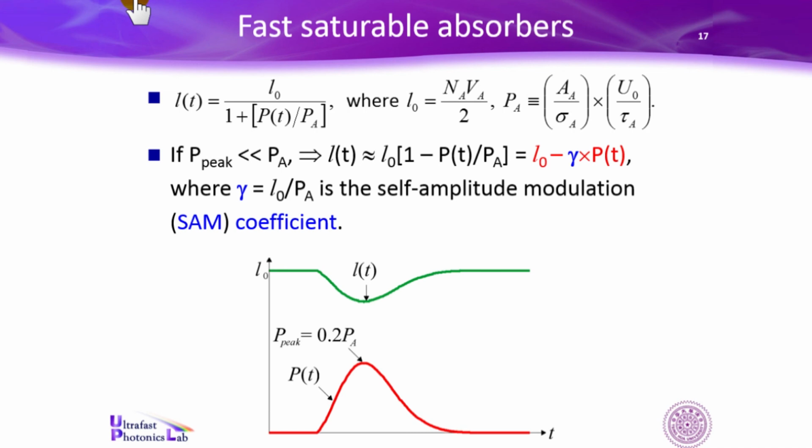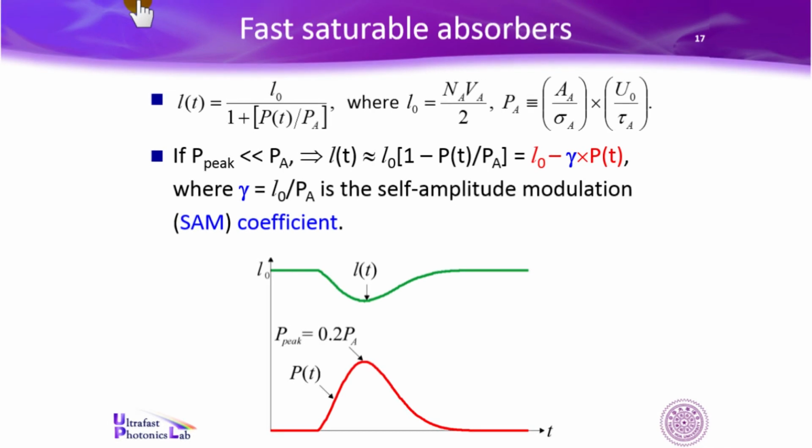Okay, so here I show you the case where the peak power is about 20% of the saturation power. So it roughly satisfies this assumption. What is the difference between the original formula and the approximated formula? Is there any big difference? Okay, so this is the result.